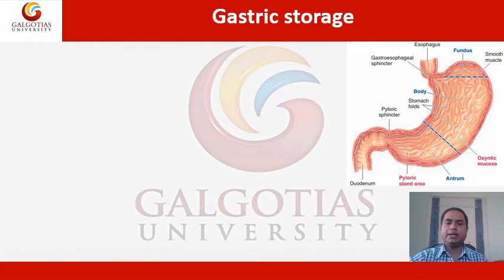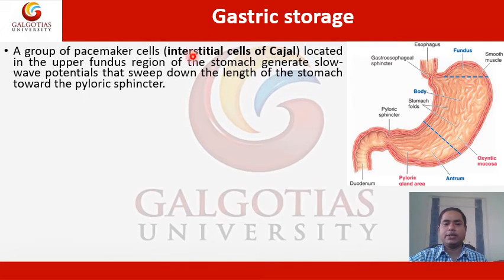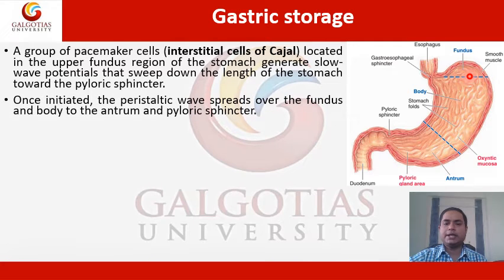Now we will learn about gastric storage. Actually, a group of pacemaker cells, also called the interstitial cells of Kajal, which we have learned a lot about in our previous lecture, are located in the upper fundus region of the stomach and generate slow wave potentials.